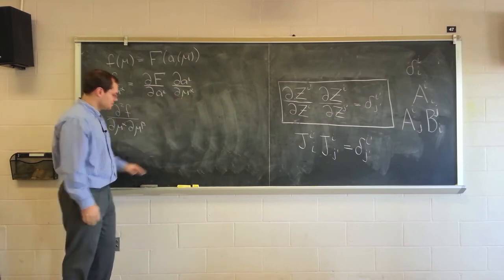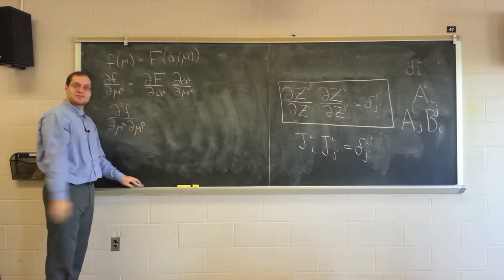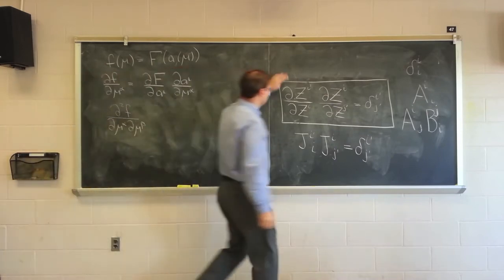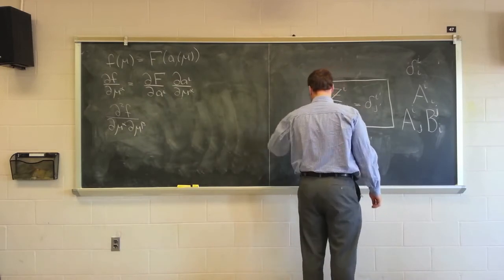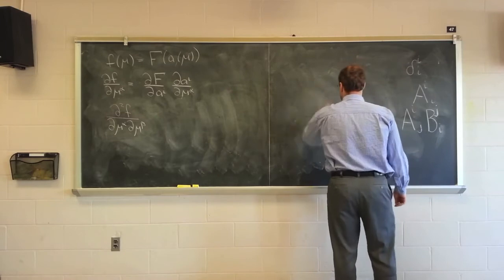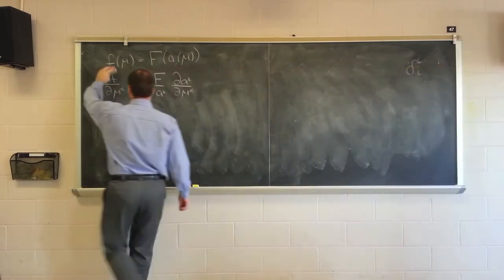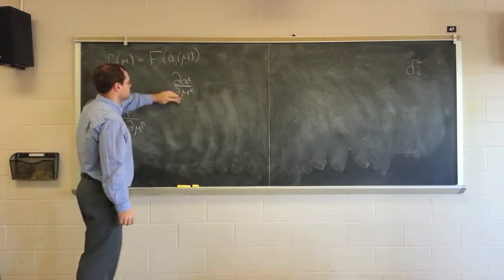So let me show you what you need to do in order to find a proper expression for this. You need to write down the identity in the same set of variables. I should have erased this. This is not ready for differentiation. I'm going to make it ready.